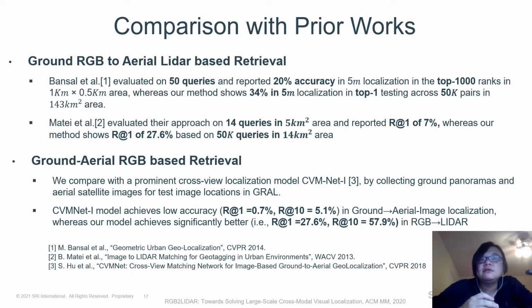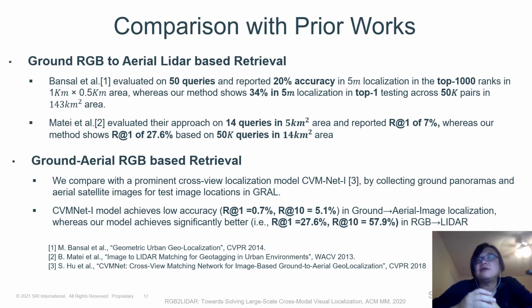In addition, we also compare our results to a typical cross-view localization model, such as CMRNet, by collecting ground panorama images and aerial satellite images for the test locations in our dataset.